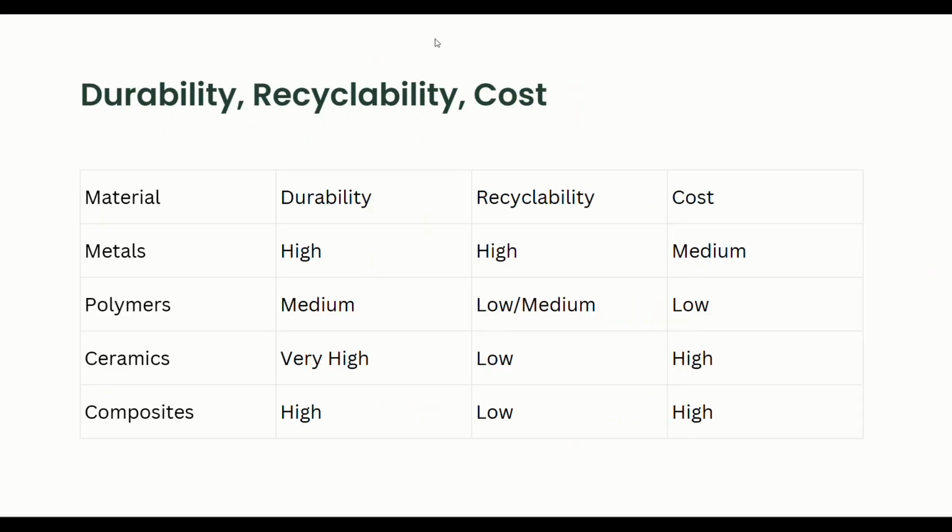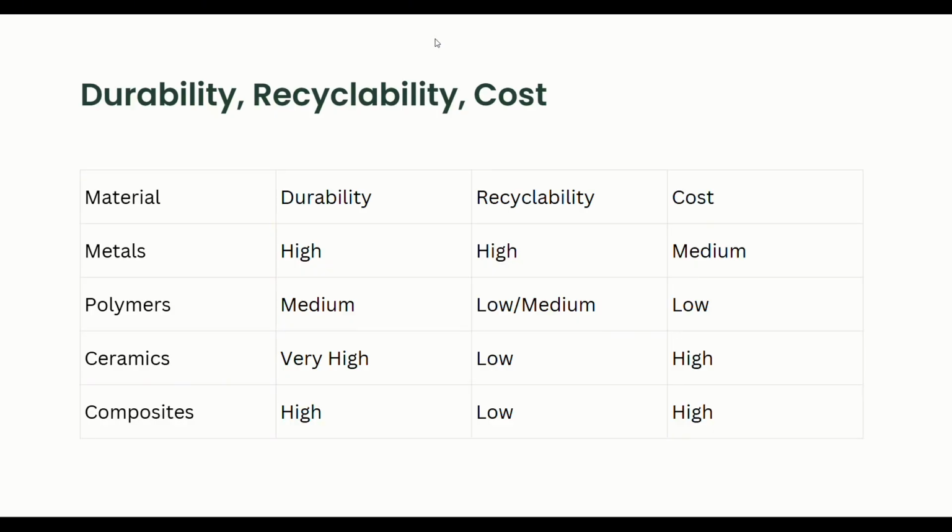Now, let's compare the sustainability factors of each material. On the first hand, we have metals. Metals have high durability, high recyclability, and medium cost. Next, we have polymers. Polymers have medium durability, low to medium recyclability, and low cost.